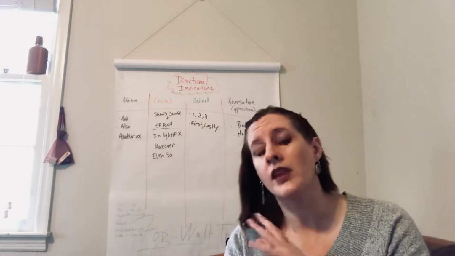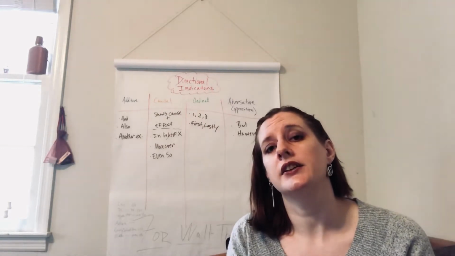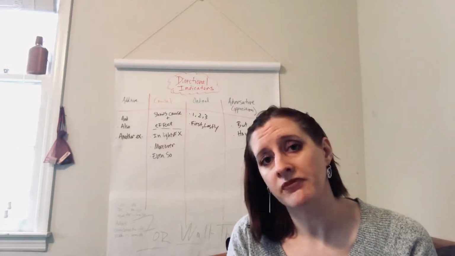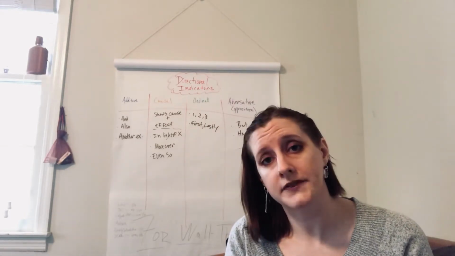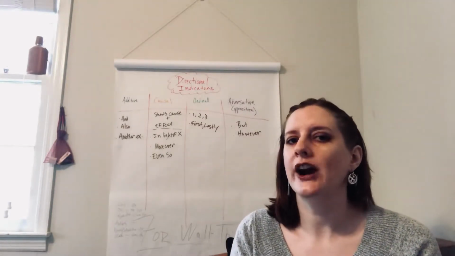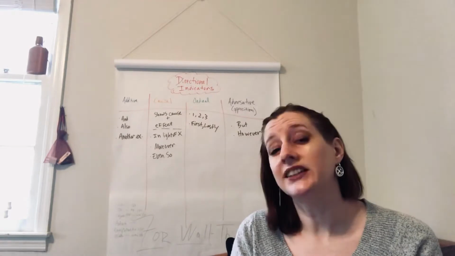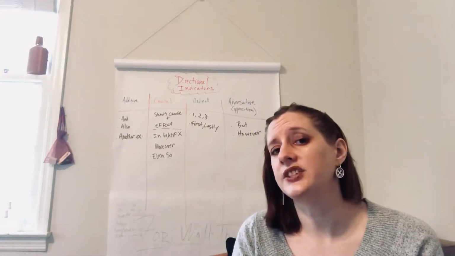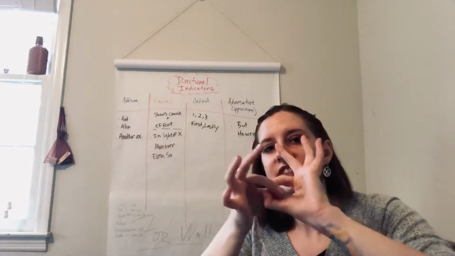Okay? So we tend to find directional indicators in topic sentences and the last sentences of paragraphs. Why? Well, if you think about how paragraphs are connected, what the topic sentences and the last sentences of paragraphs can do is they kind of help form chains.